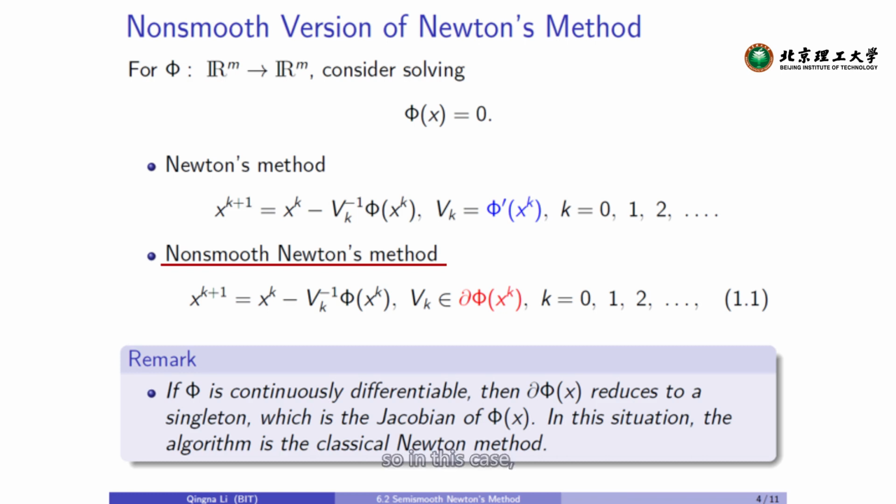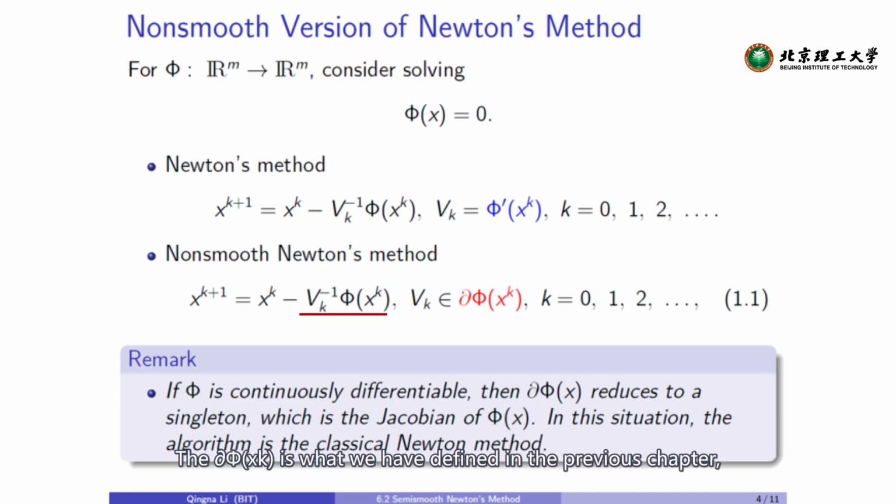So in this case, we get the non-smooth Newton's method, meaning that when we compute the Newton direction, we choose this matrix Vk from the Clarke's generalized Jacobian set. The partial phi at xk is what we defined in the previous chapter. It is the Clarke's generalized Jacobian, which is normally a set. Okay? So this is the non-smooth Newton's method.